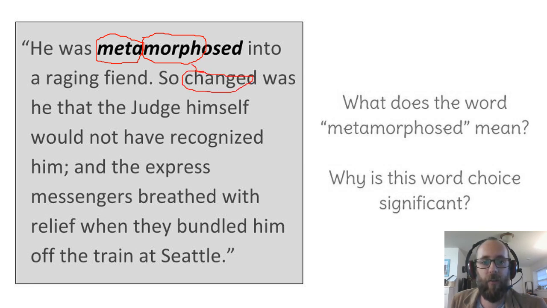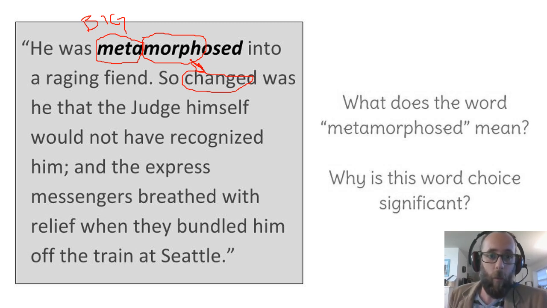Morph means to change. These are the same meaning. And meta means in a big way, okay? It means in a big way or in a very significant way. So I'll write the word big here. So it can mean big or a very significant way. So being changed in a very important, massive way is what this word means.